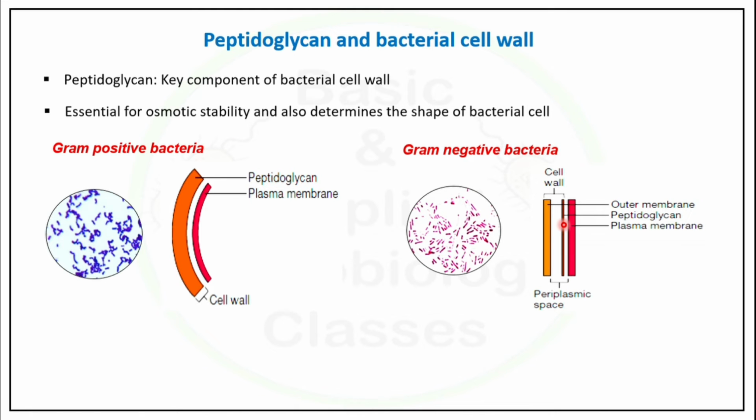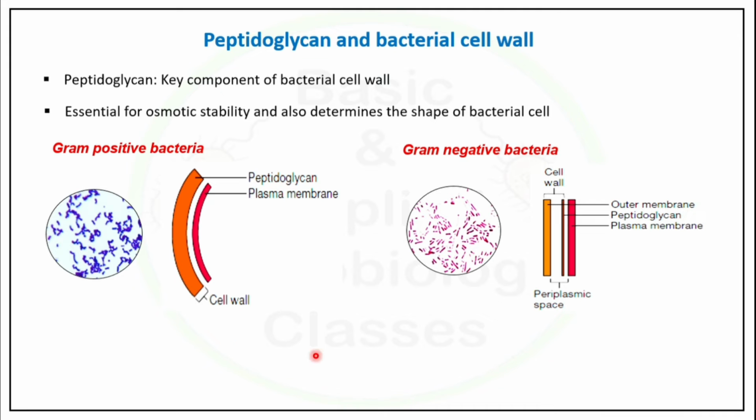Another important point of difference is that this thin layer of peptidoglycan is also surrounded from the outside by another membrane that we call the outer membrane, because it is present on the outside. And this outer membrane is absent in gram positive bacteria.